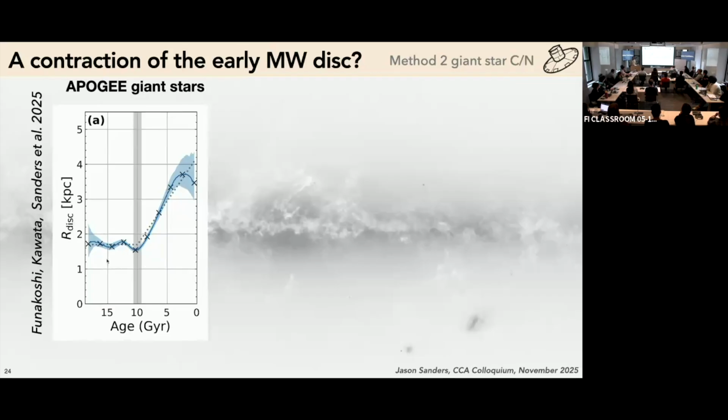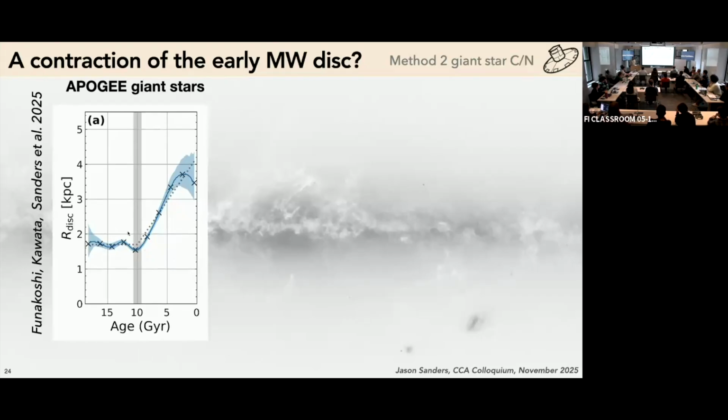You can see here beyond the age of the universe because of errors in the stellar ages, but let's gloss over that. And you can see again, the plot here is flipped, but you can see this inside-out growth. The younger populations have much more extended scale lengths than the older populations.